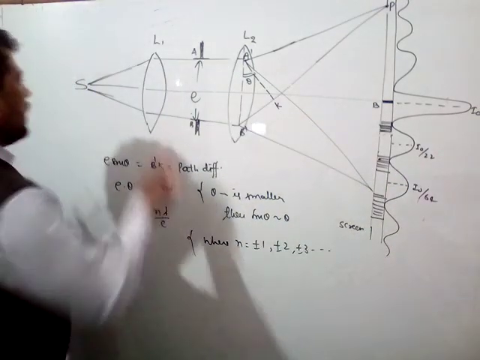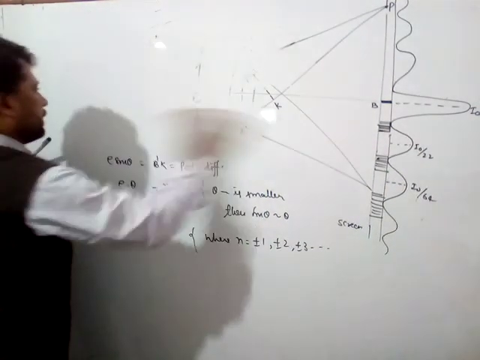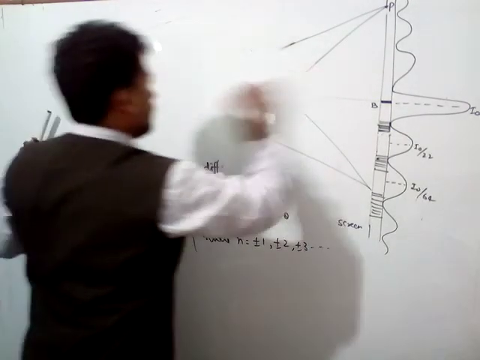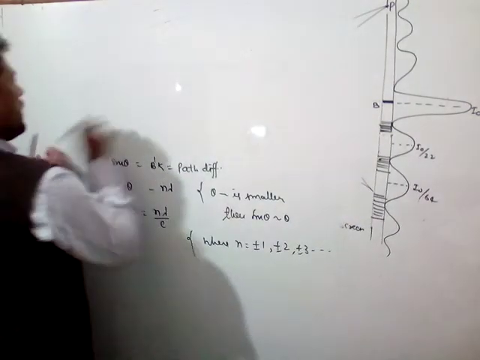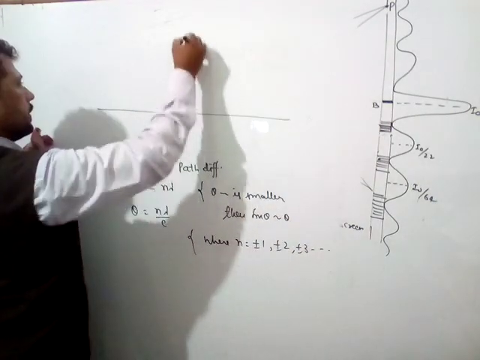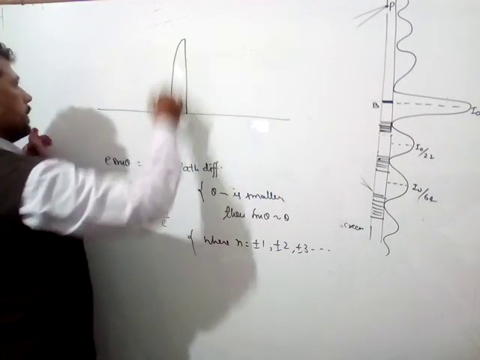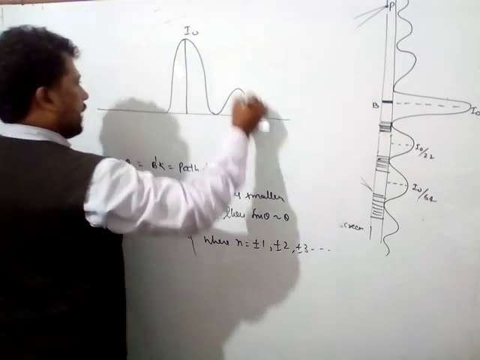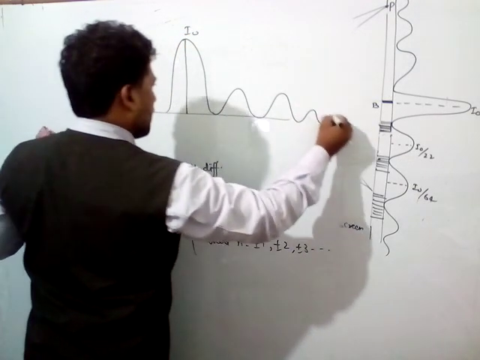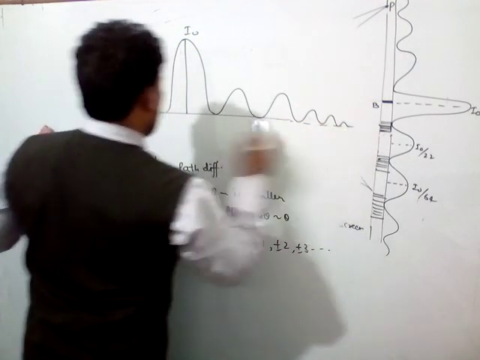So in this way the intensity curve is just like this. This is the maximum intensity, and after that secondary maxima, tertiary maxima, and after that it will become 0.